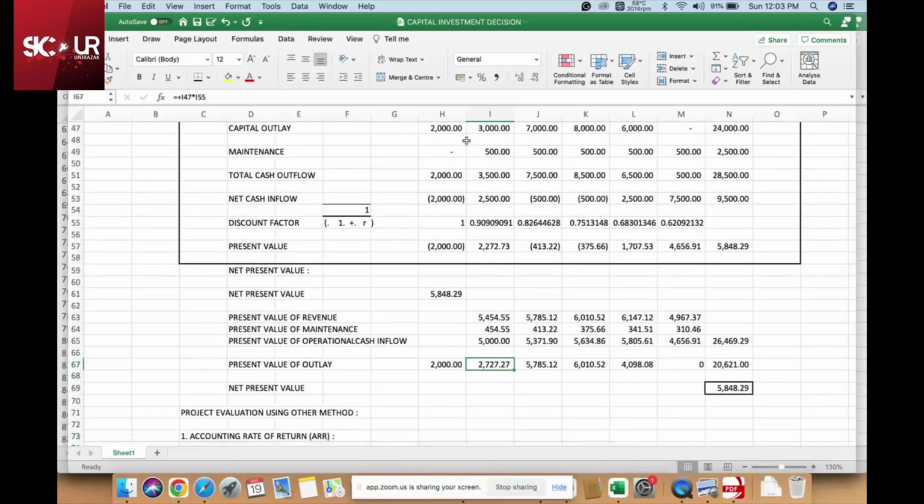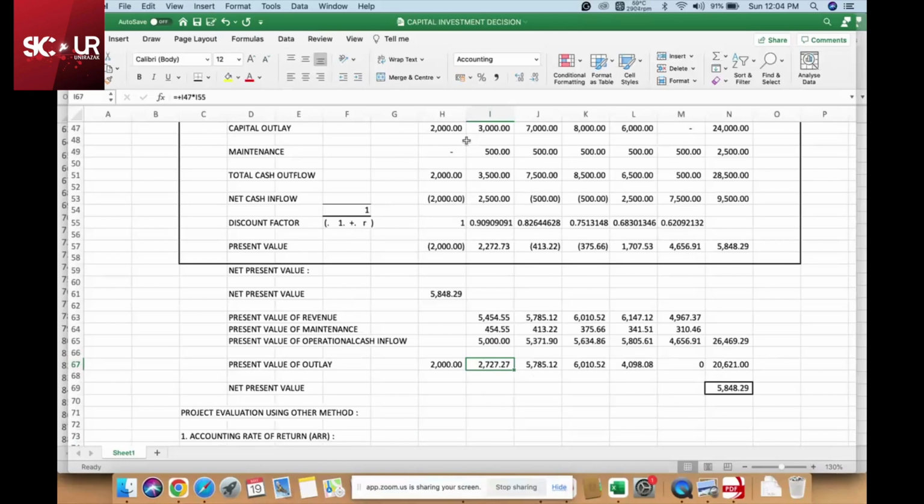So we get here the present value. This is a unique thing, because when you incur your capital outlay in the future, even though you incur 3 million in year 1, based on today's value you are only paying 2.7 million.